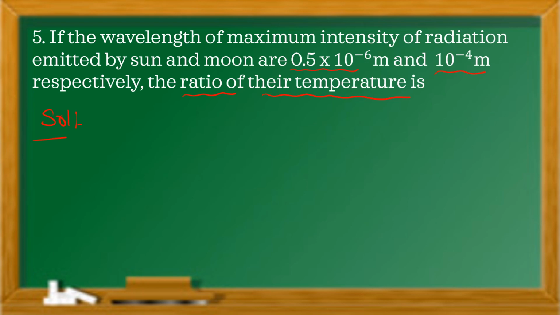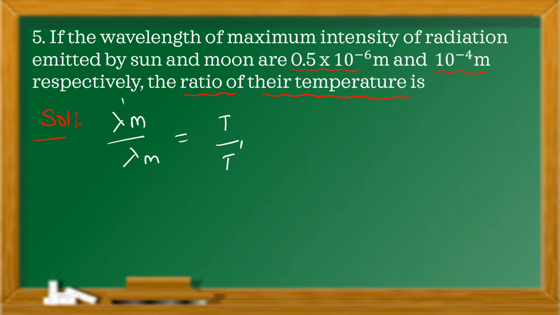Lambda dash m. We are assuming one is lambda, another is lambda dash. So lambda dash m by lambda m is equal to T by T dash. Lambda dash is the moon and lambda is the sun.